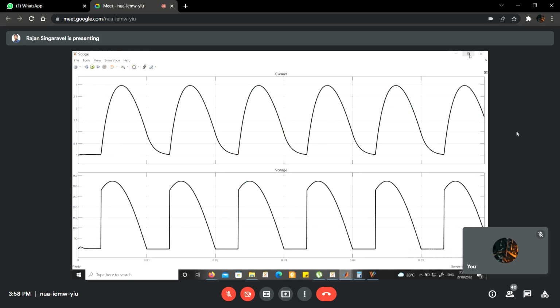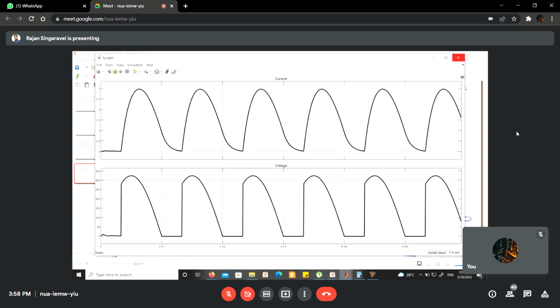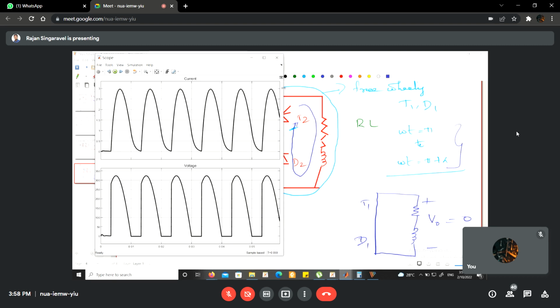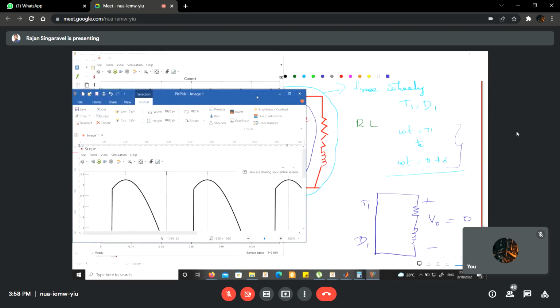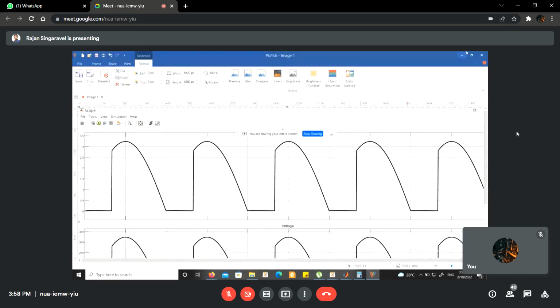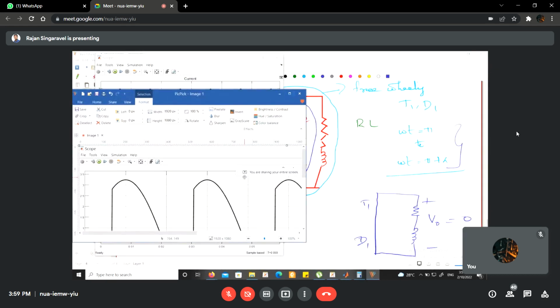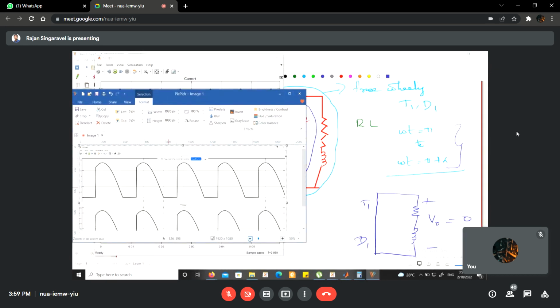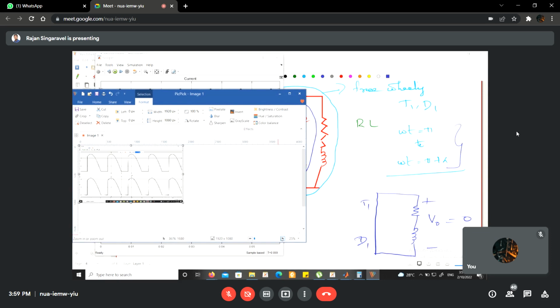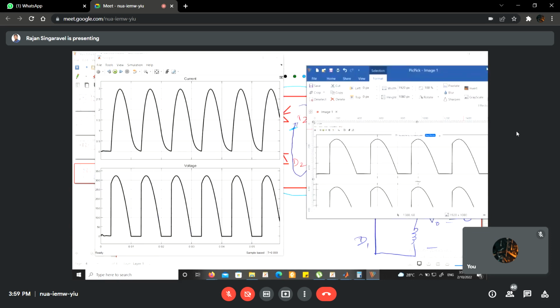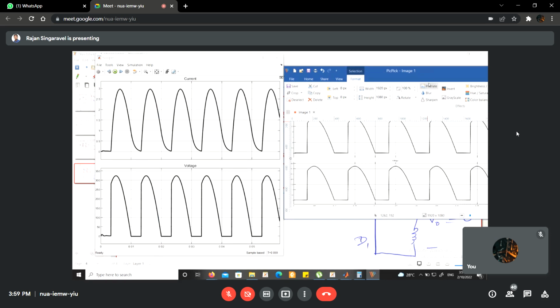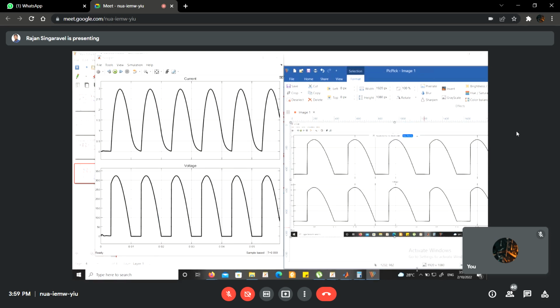This one you can understand, and this is the waveform that I have saved. This is the waveform when you introduce the RL load, and this is the waveform when you have only R. You can see the voltage is very much similar.